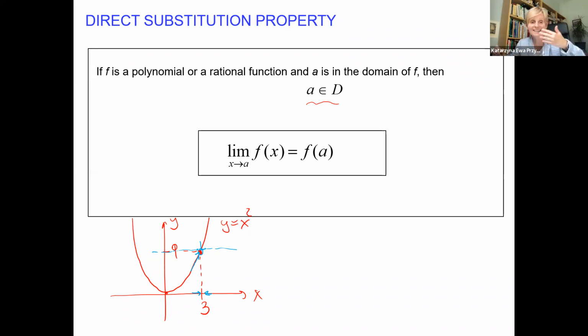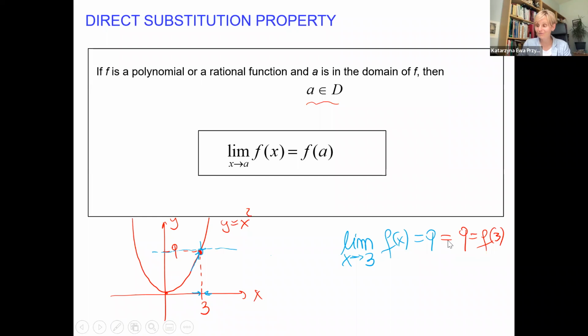So we can say that the limit of the function as x is getting closer to 3 equals 9. And also the value at 3 is 9. We know there is a little difference between the blue 9 and the red 9, but it is 9. That's the property.